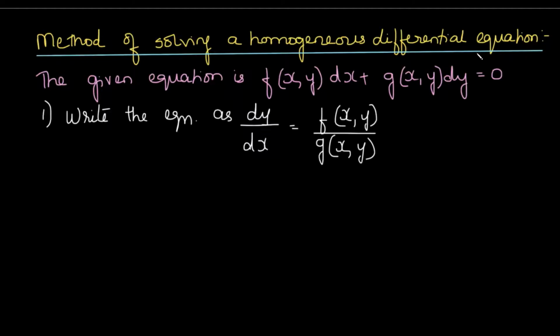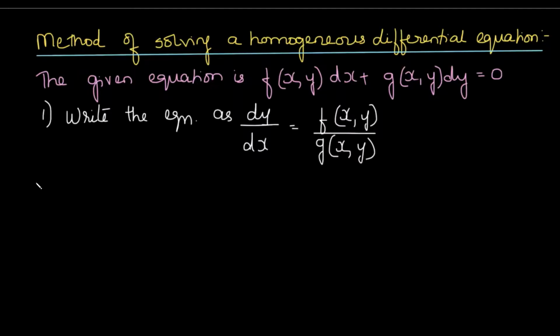If you take g(x,y) dy to the right-hand side, it will become f(x,y) dx is equal to minus g(x,y) dy. Of course, that minus sign can be there, but we are not going to put the minus sign over here, we are not going to complicate matters. This we'll see when we are solving the sums. Then we rearrange it as dy upon dx, which becomes f(x,y) upon g(x,y) on the other side. So we first write the equation in this form.